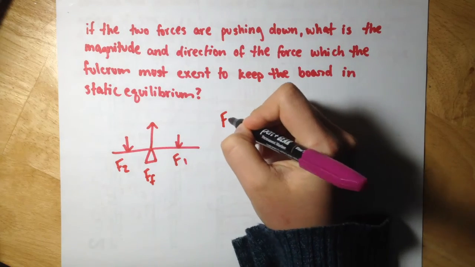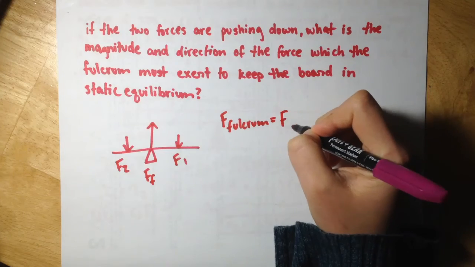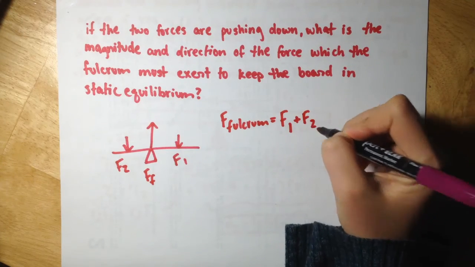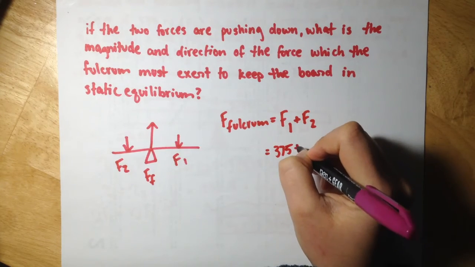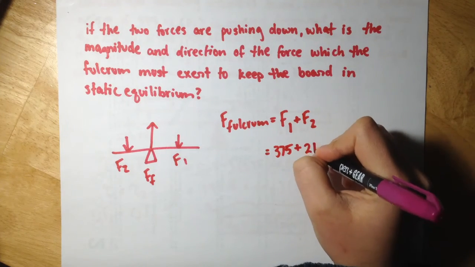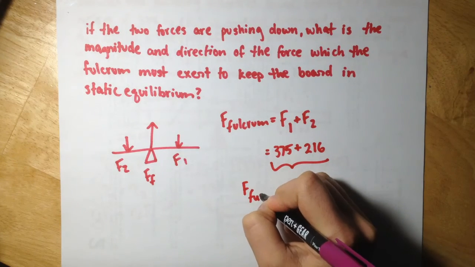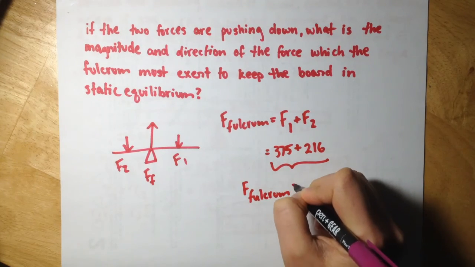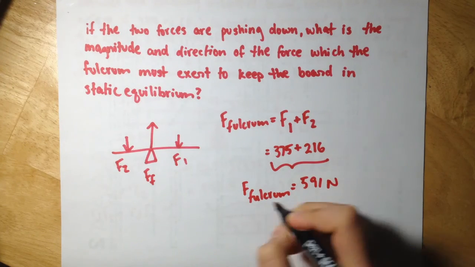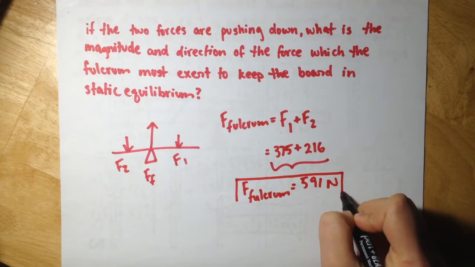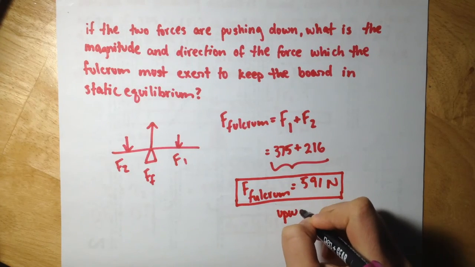So the force of the fulcrum must equal force 1 plus force 2. So force 1 is 375 and force 2 is 216. So the force that the fulcrum must apply is 591 newtons, and the direction in which it must apply this force is upwards.